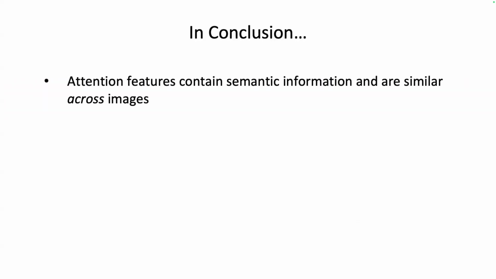Okay, so let me give some bottom lines for this talk. First of all, maybe one of the most important points is that attention features contain semantic information, and this information is useful not only within the same image but also across images, and this allows us the appearance transfer application that we saw and the consistent generation.